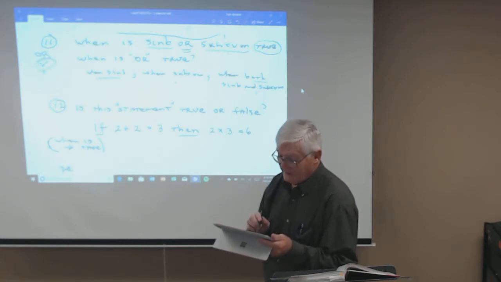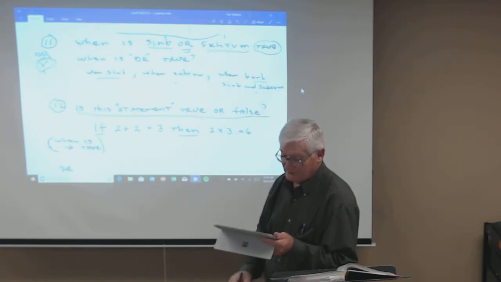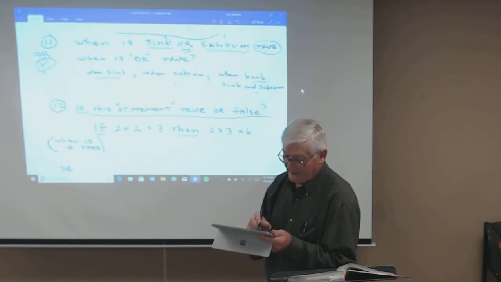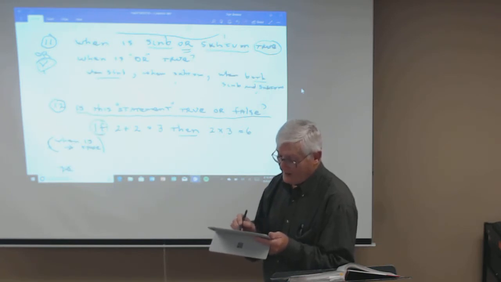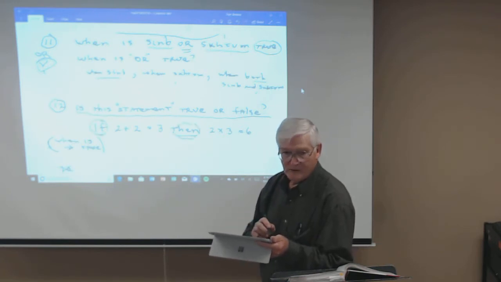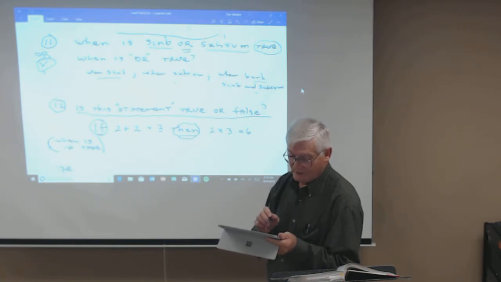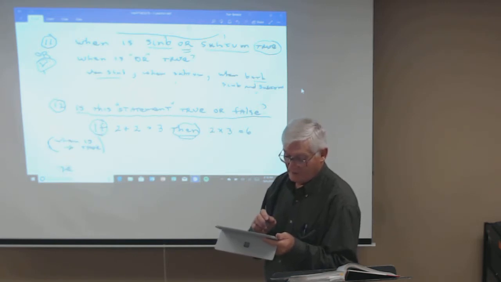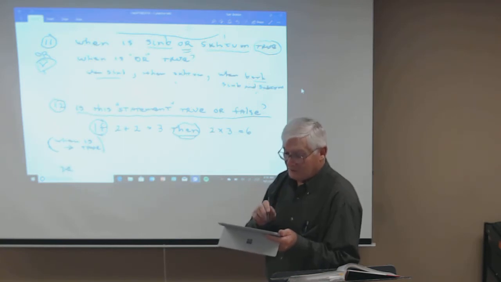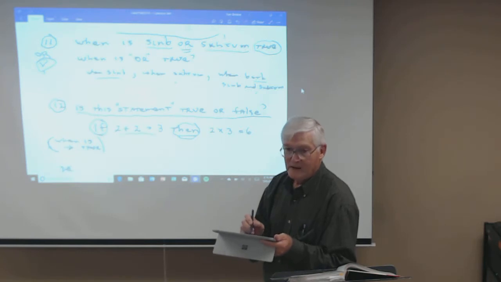Number 12. Is this statement true or false? It's an if-then statement. When is if-then true? As long as the first one's true and the second one's not false. When the first one's true and the second one's true. Okay, is 2 plus 2 3?